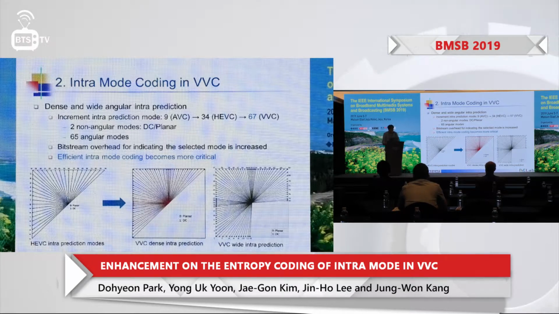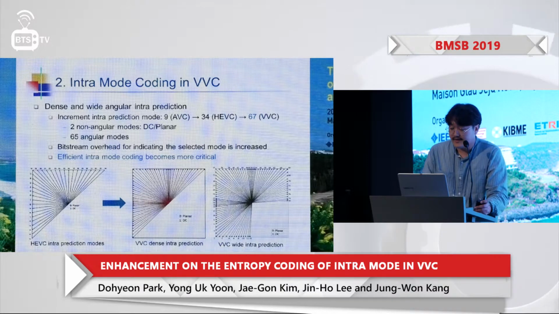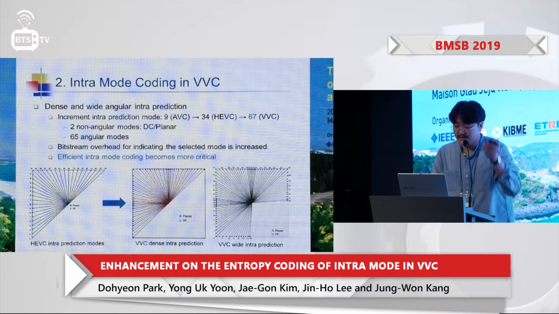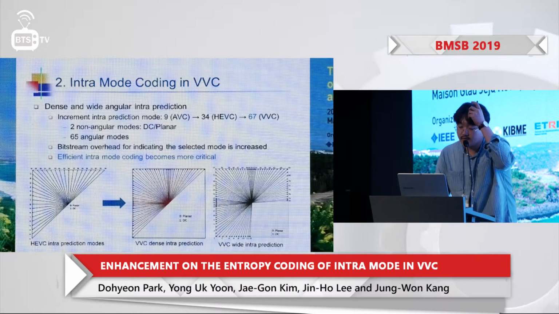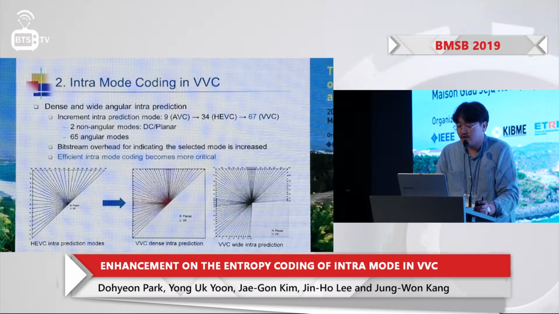By the way, if you look at the figure for wide intra prediction, it looks like the number of intra modes is increasing. However, wide angular modes can replace the general intra modes depending on the shape and size of the current coding block.